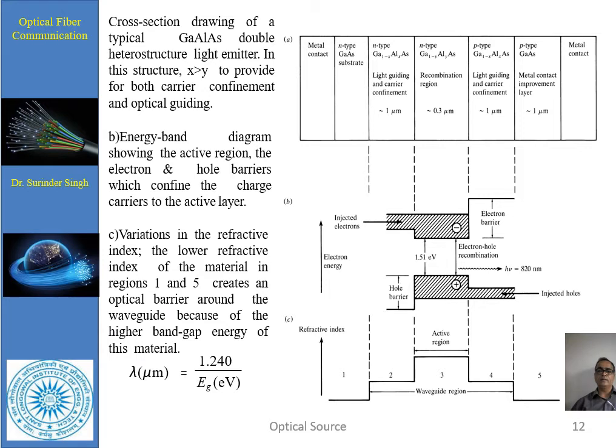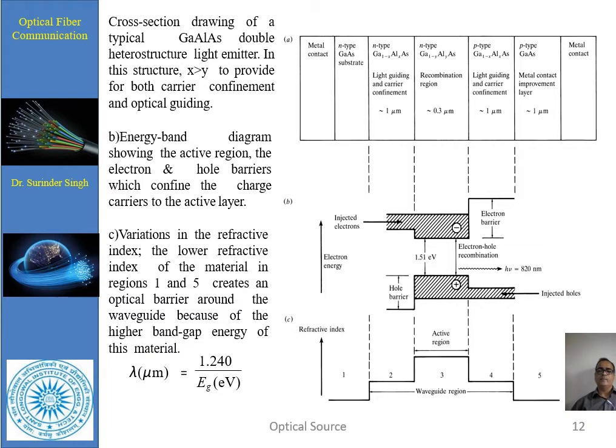Another requirement is that the refractive index of the center recombination region is to be taken higher as compared to the side layers. Here the center one has the highest refractive index, whereas the p-type region has a lower refractive index.